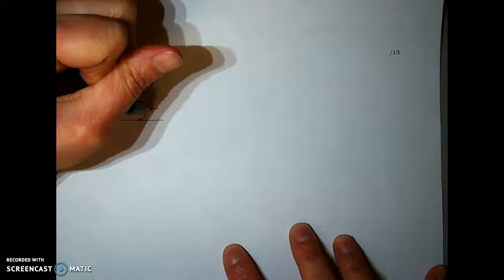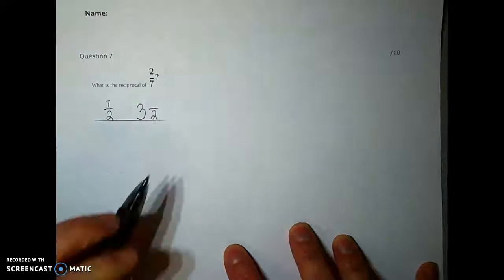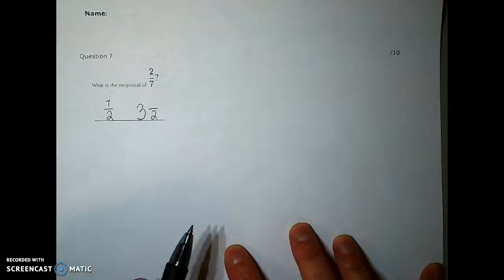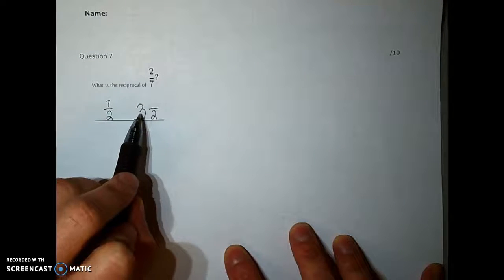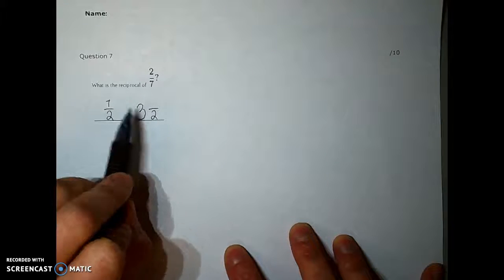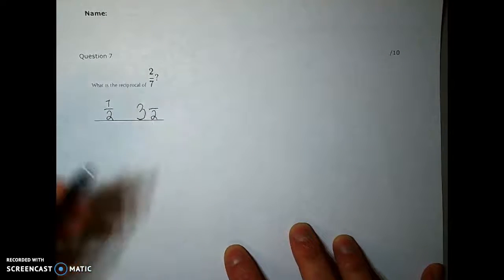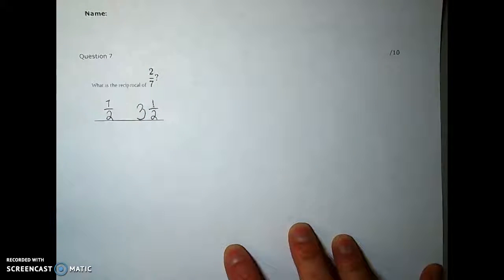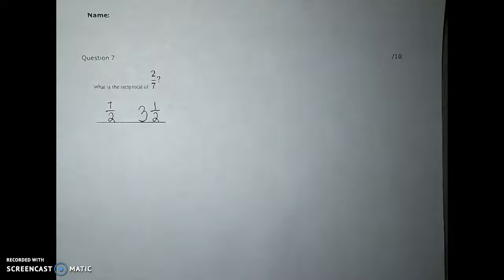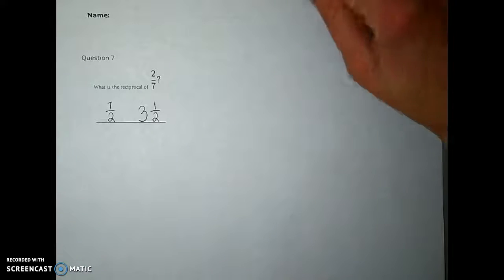Denominator always stays the same, and then I can use the C method to figure out my number on the top. 2 times 3 gives me 6, and then I have 1 more to make 7, so that means I'm going to have 3 and 1/2. So I could write the reciprocal of 2/7 as 7/2, or as 3 and 1/2.